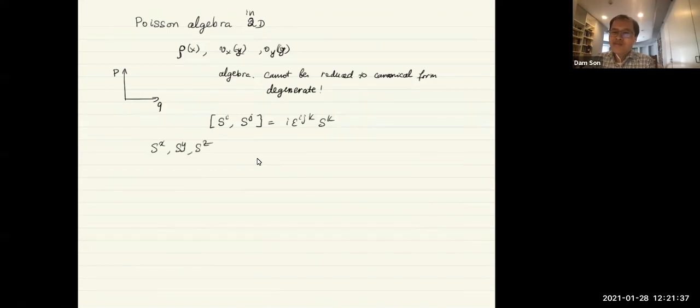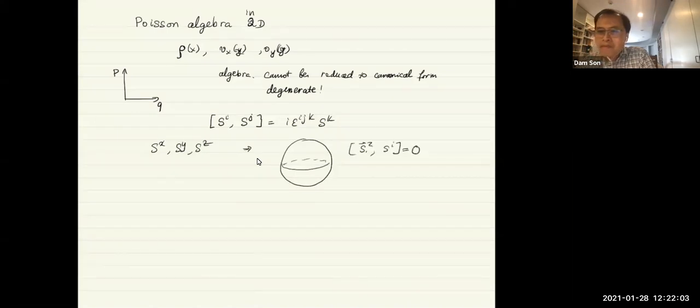So it's the same phenomenon. And the phase space here has odd dimension, and that means that there is a Casimir. You can think about that in terms of a sphere. Actually, the radius of the sphere, S squared, commutes with everything. And if I think about these S's as transformations on the sphere, it doesn't take a particle outside the sphere.